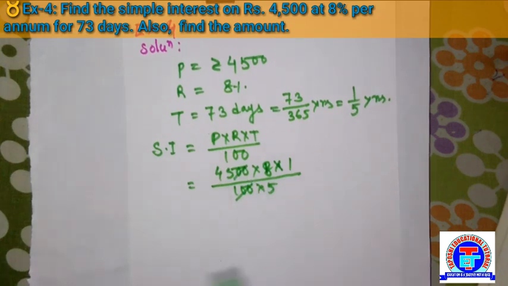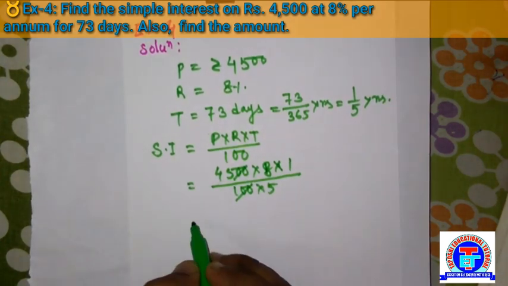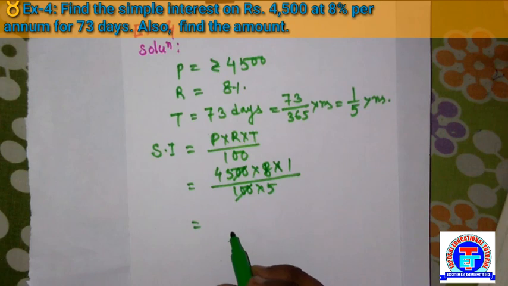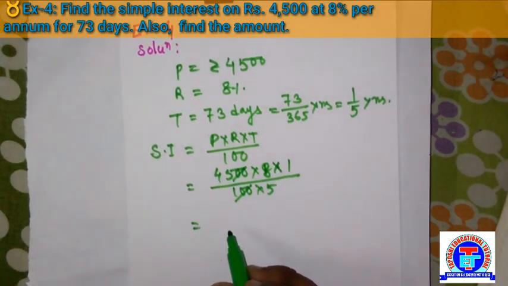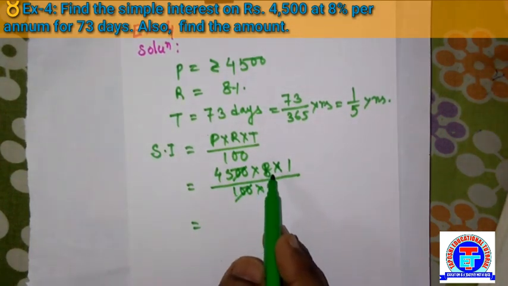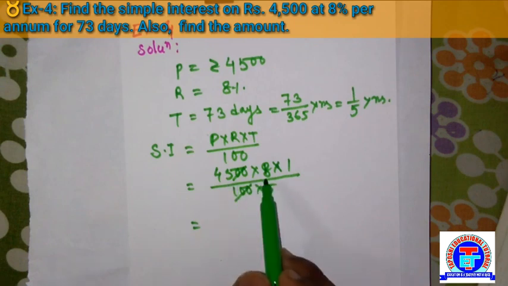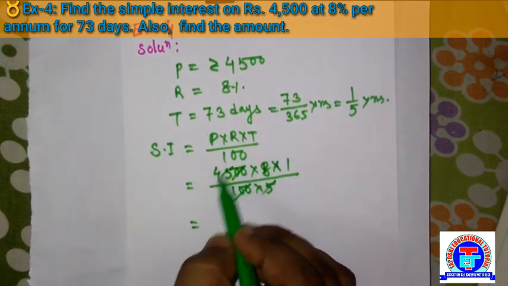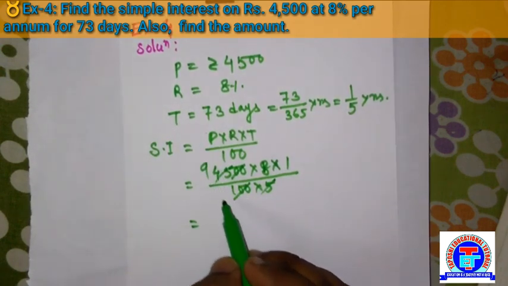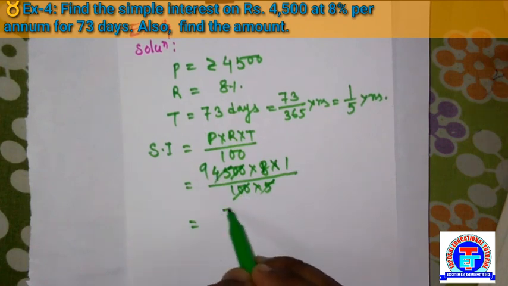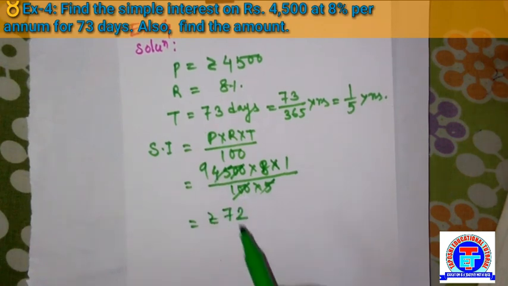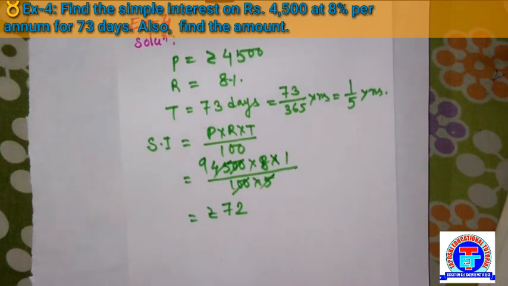The zeros cancel out, and this will become 9, so this one is 72 rupees.